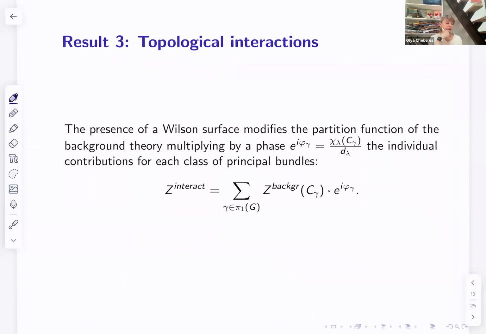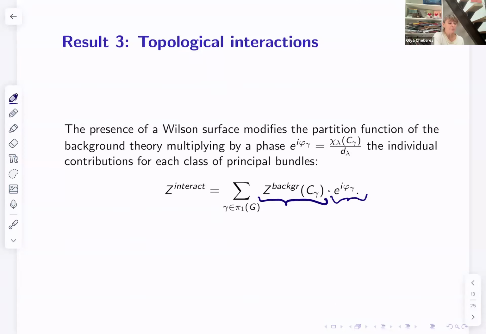And then we can actually couple this Wilson surface to some background two-dimensional gauge theory. For instance, we can take the same BF theory in the background and couple it to the Wilson surface.